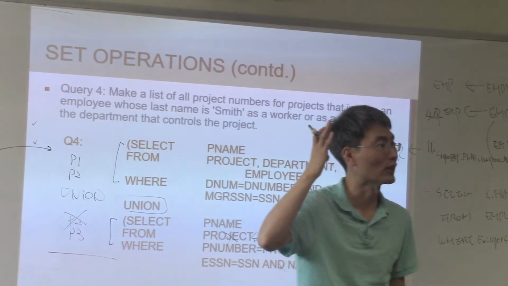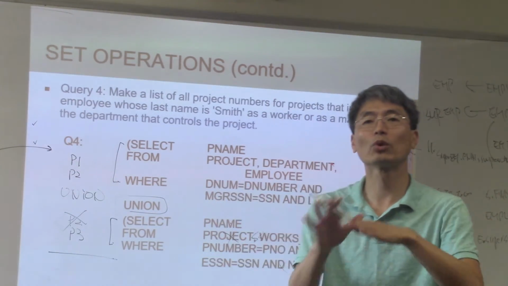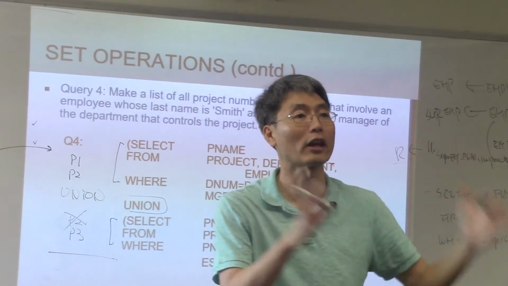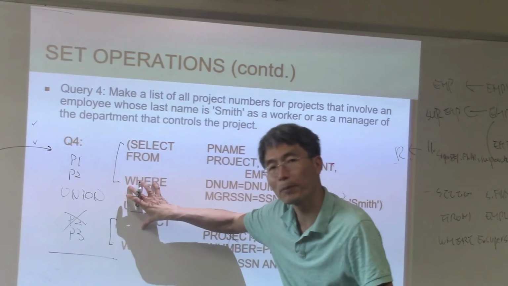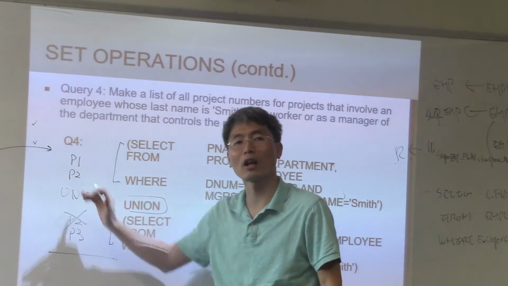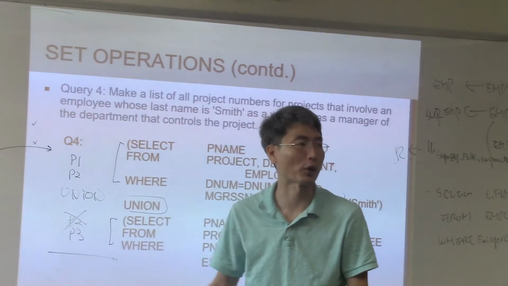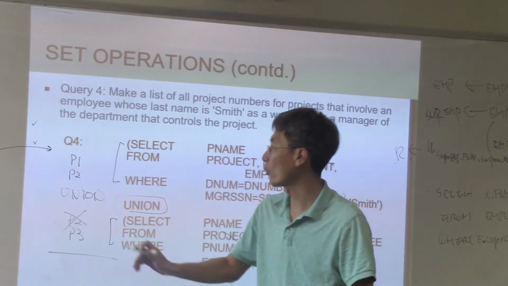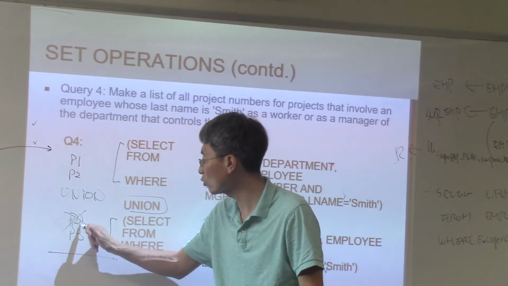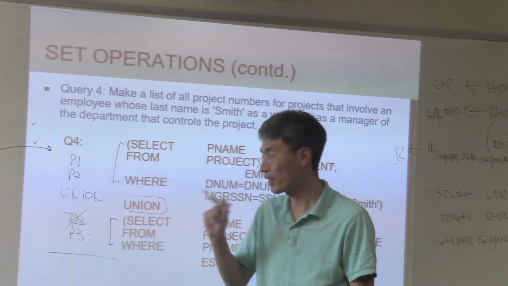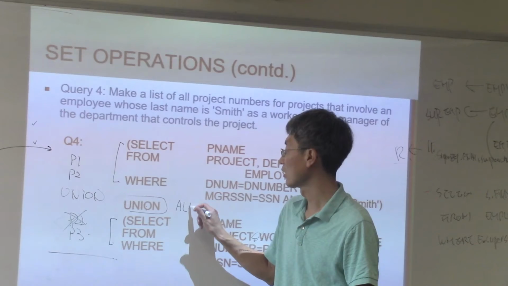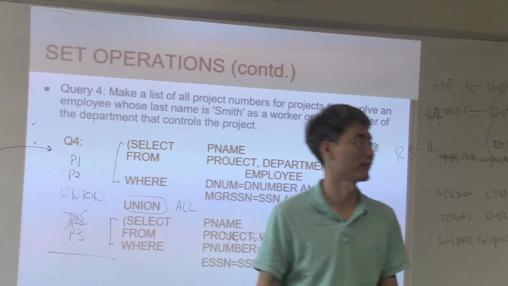Don't be confused. In general SQL, duplicate data is allowed. However, only set operations do not allow duplicate data, because it's a set itself. What if I want P1, P2, P2, P3? At that time, you can use the UNION ALL command.